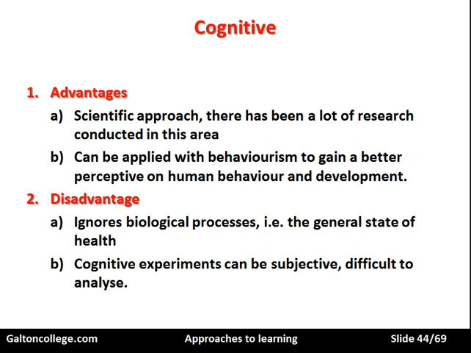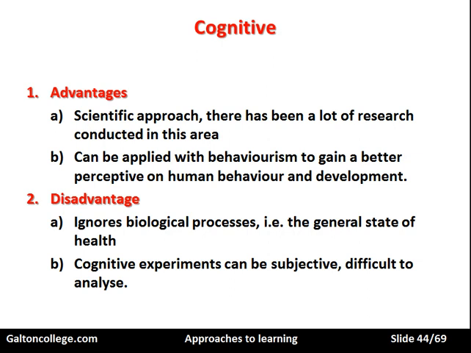Cognitive experiments can be subjective and difficult to analyze. Taking even inkblot tests, different people may look at them and come up with different ideas. And who's to say which one is exactly right? Or looking at scenarios, someone may look at a scenario, a particular situation, and analyze it in a particular way.